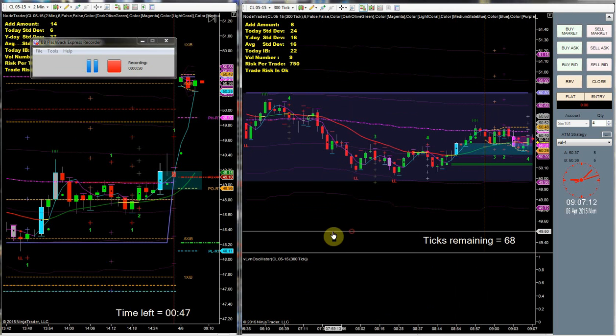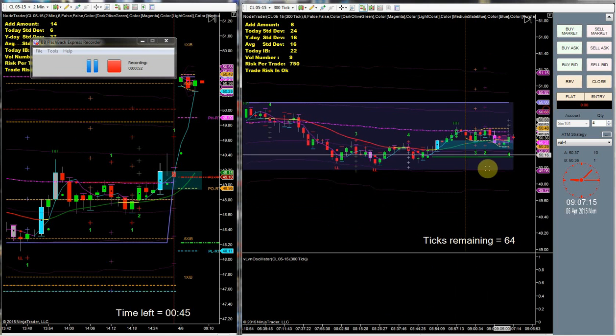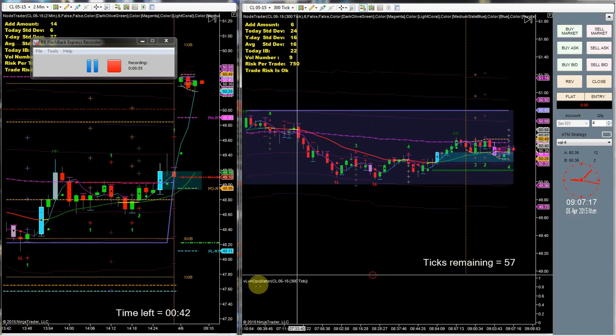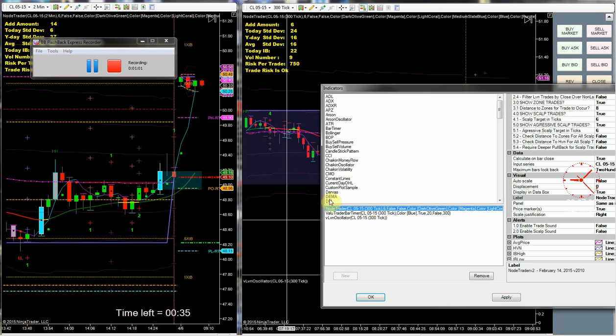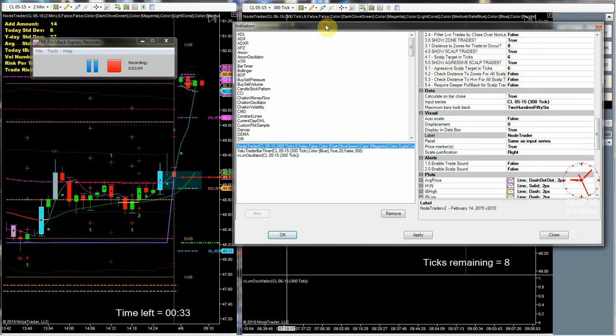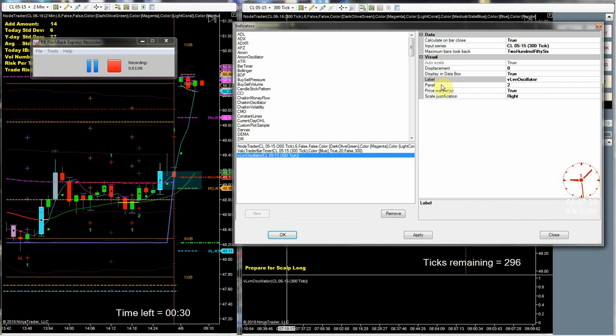For some reason I just reloaded my data and my LVN oscillator disappeared. Not sure what's going on with that. Let me try removing it and then adding it back.